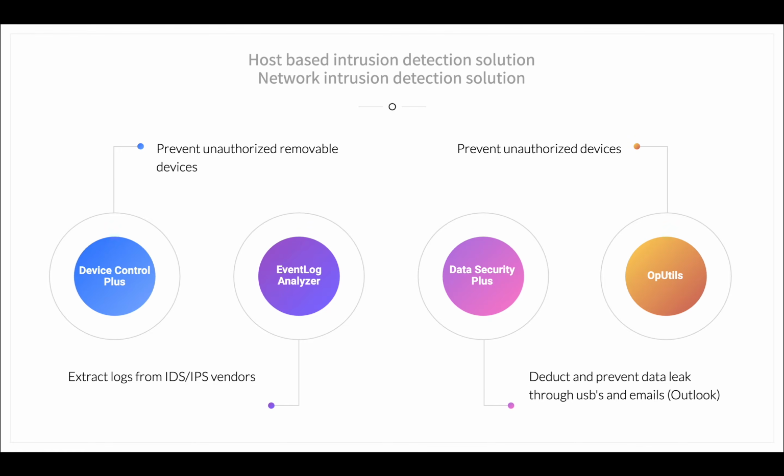Event Log Analyzer provides out-of-the-box support for multiple IDS IPS vendors: Cisco, Juniper, SonicWall, Palo Alto, Fortinet, Checkpoint, Sophos, and more. Event Log Analyzer makes network device monitoring simple. Once configured, Event Log Analyzer automatically collects IPS, IDS logs from these devices and stores them in a central location.